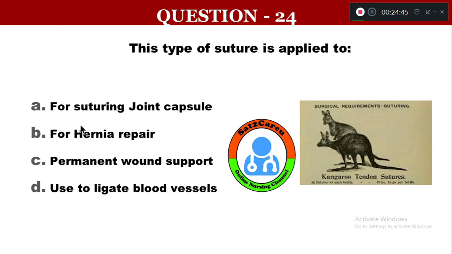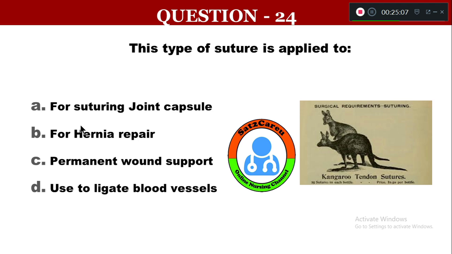So question number 24, another image based question. It is a kangaroo tendon suture material. This material is used for which types of procedure? Option A for suturing the joint capsule. Option B for repairing the hernias. Option C permanent wound support.